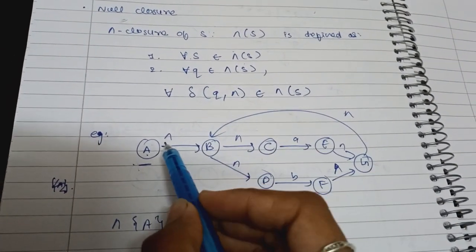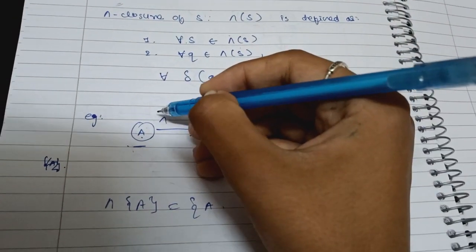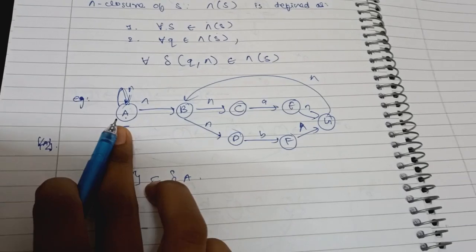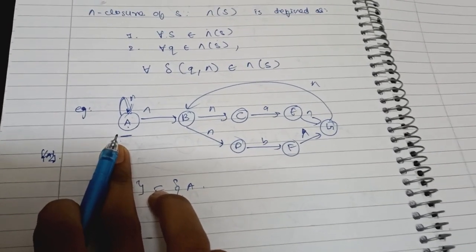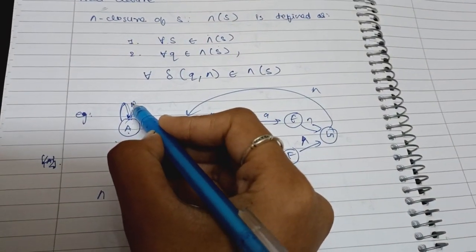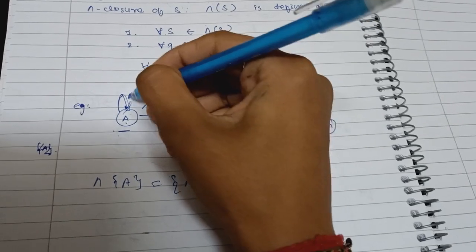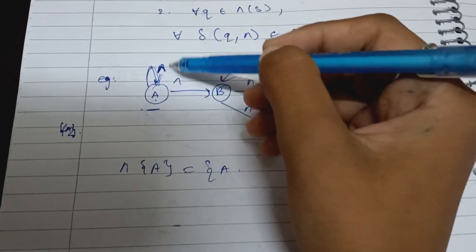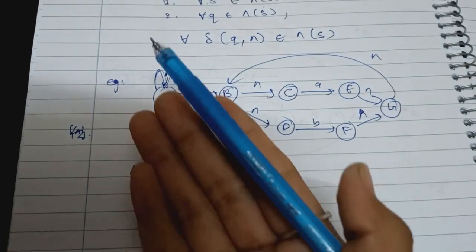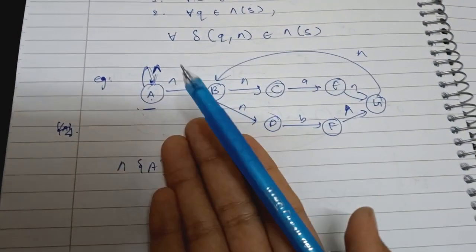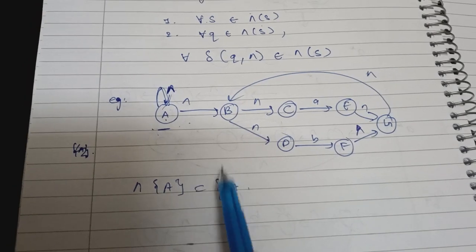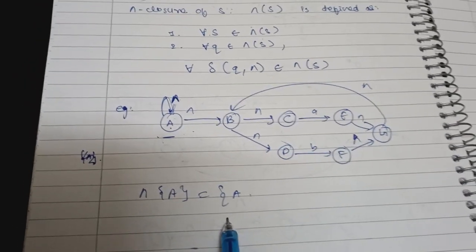If I am not doing any transition, I am transiting to this state itself. So it is obvious that the state itself can transit to itself with zero transitions, so the state itself will be a part of the null closure.